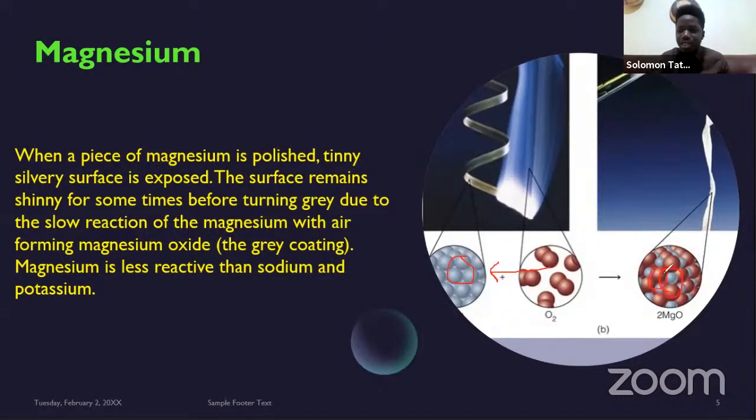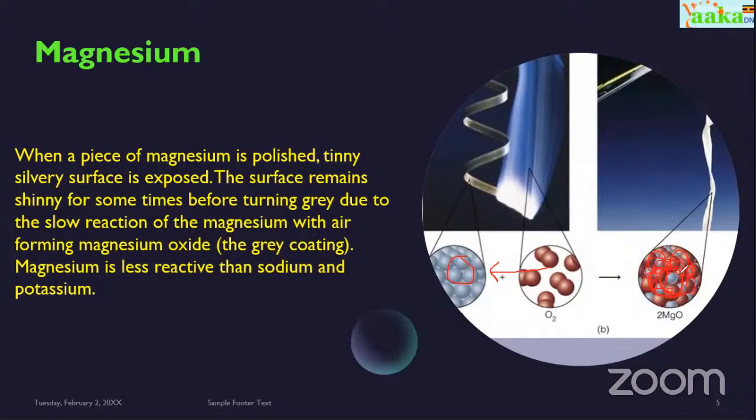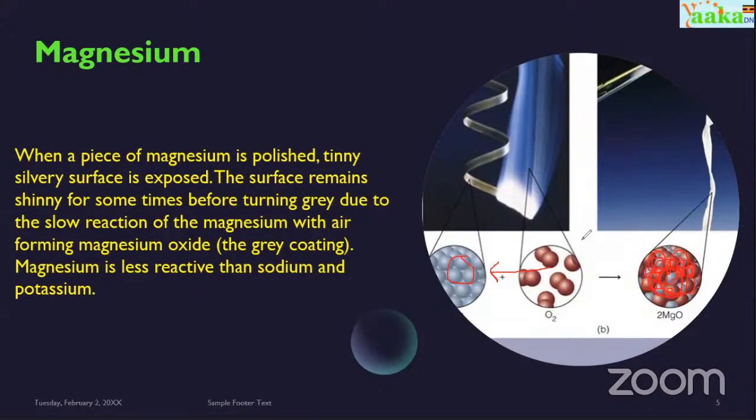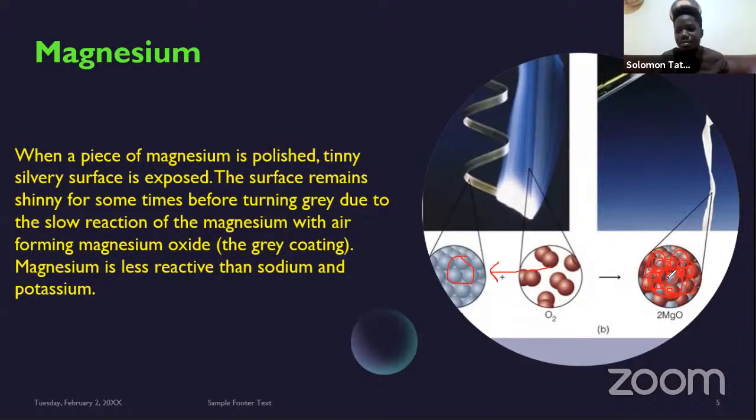This oxide is the one that is gray. It forms a gray coating around the magnesium metal. Okay, so that's what happens when you expose magnesium to the atmosphere.